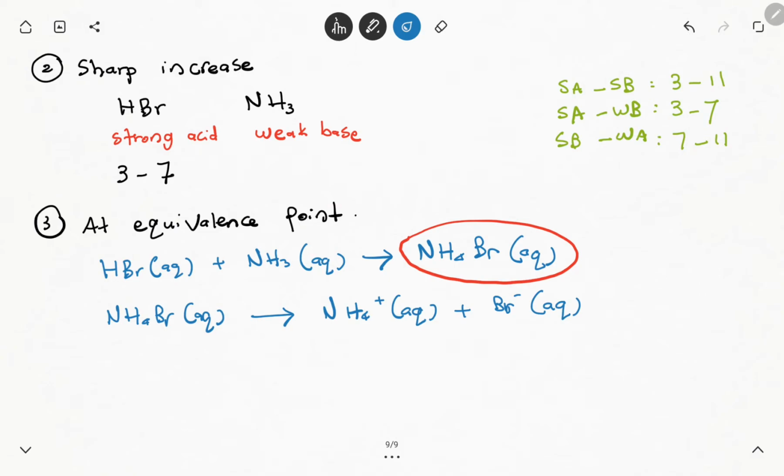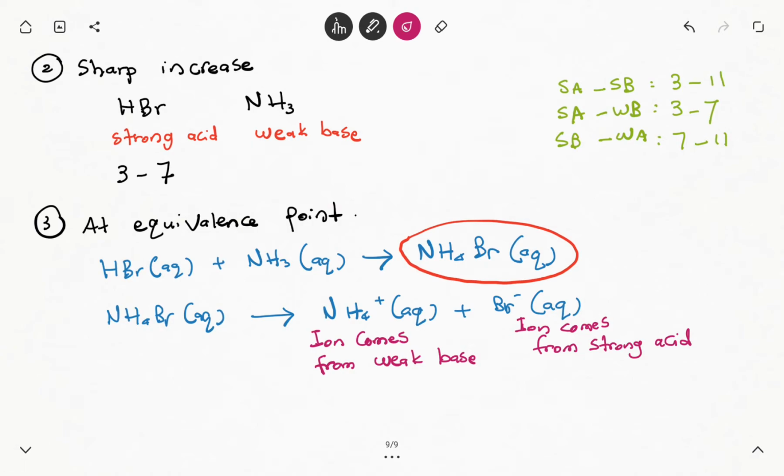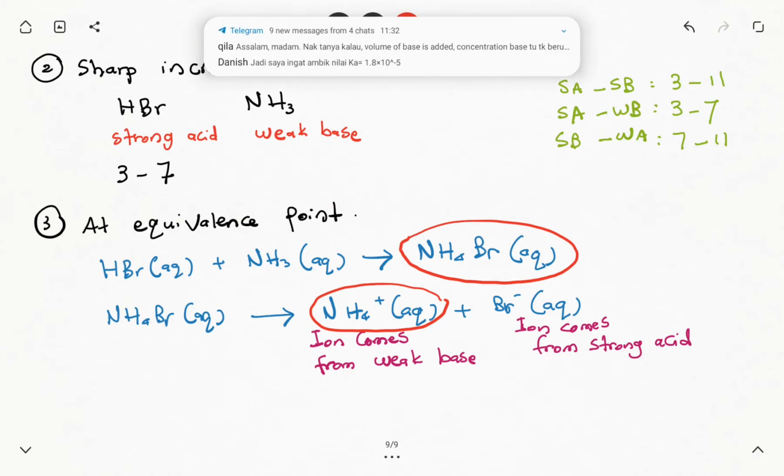Okay, write the dissociation of the salt to produce positive ion and negative ion, and identify which ion comes from a weak acid or weak base. So NH4+ comes from NH3, which is a weak base, and Br- comes from HBr, which is a strong acid. So in this case, only the NH4+ ion will undergo reaction with water.